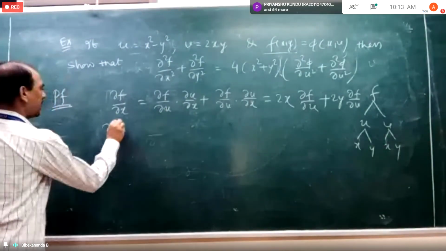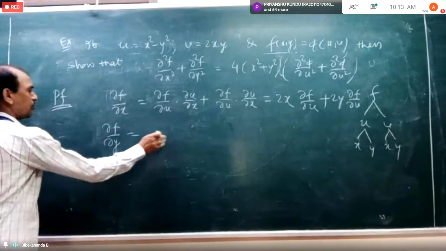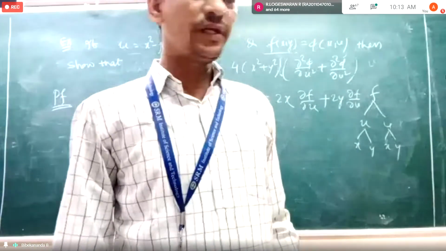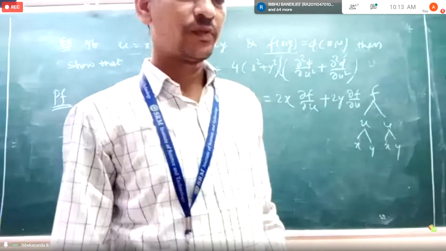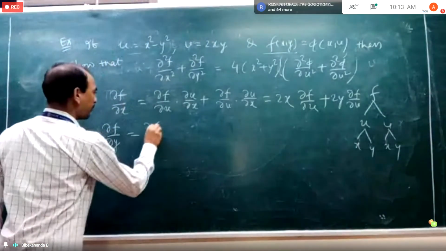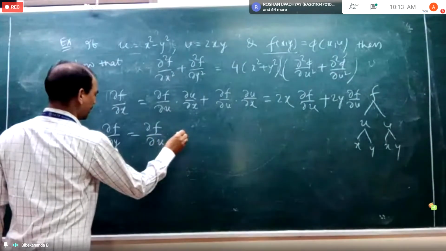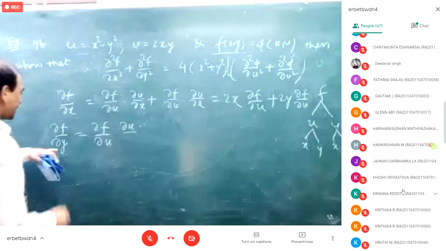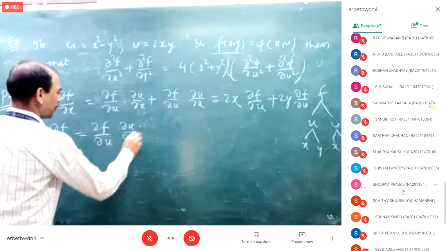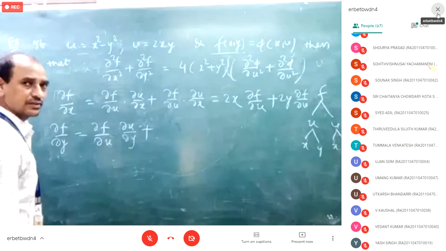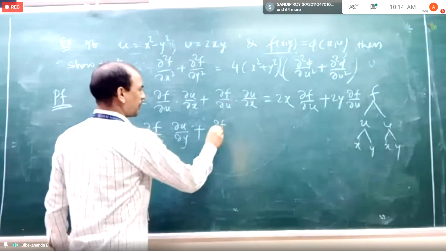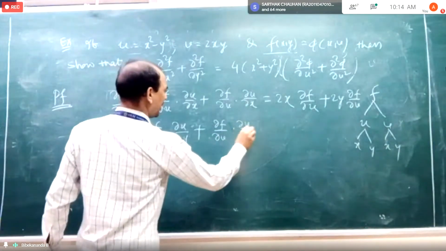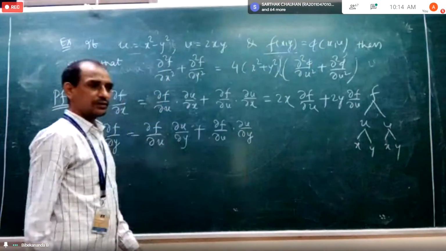Then find dou f by dou y. What will be the chain rule here? Sir, just replace dou x with dou y. Dou f by dou u into dou u by dou y, plus next one is dou f by dou v into dou v by dou y.